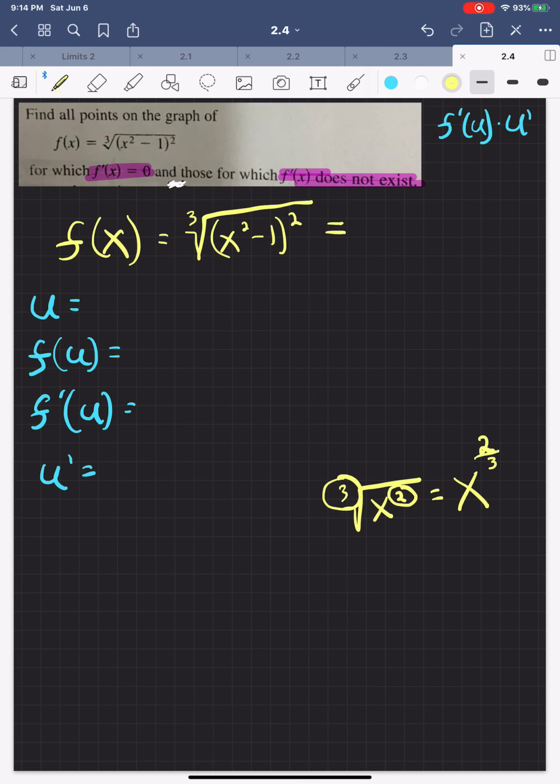So this would be x to the power of 2/3. With that in mind, let's do the same thing here. This would be x squared minus 1 to the power of, well, it's a cube root, so it's going to be over 3, and so that's also 2/3.